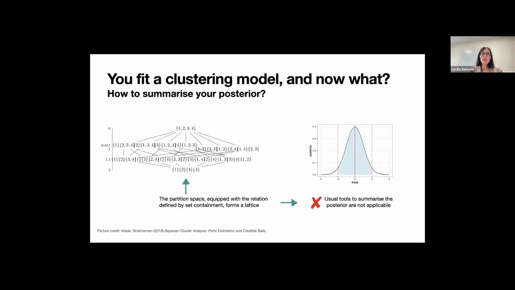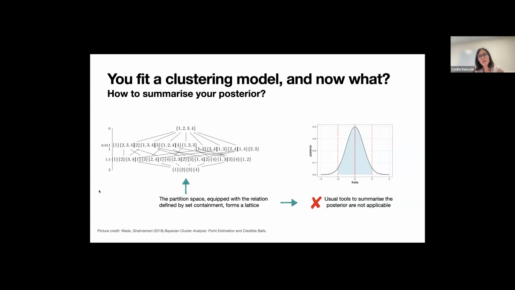So clustering is essentially when you have your data points and you want to divide them into groups that are more or less homogeneous. So from a mathematical point of view, we're finding a partition of our data points. Now, there are approaches that are algorithmic and they usually minimize a specific loss, but then they lack uncertainty.